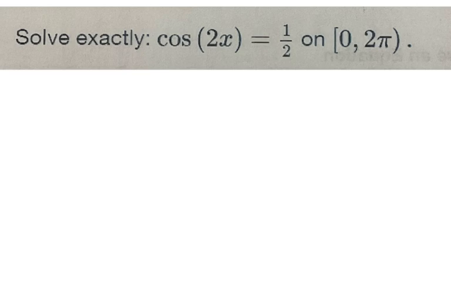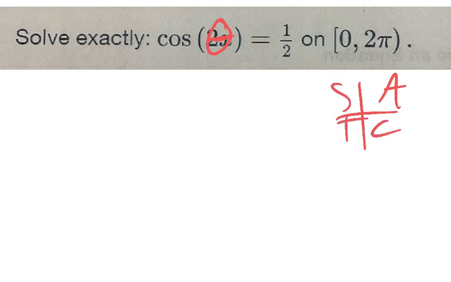I'm expecting 4 answers going into this. So, again, just pretend like I ignore that 2 in there originally. I just find theta. So, where's cosine of theta 1/2? Well, I need it to be positive. All students take calculus. So, I'm going to be in quadrants 1 and 4.